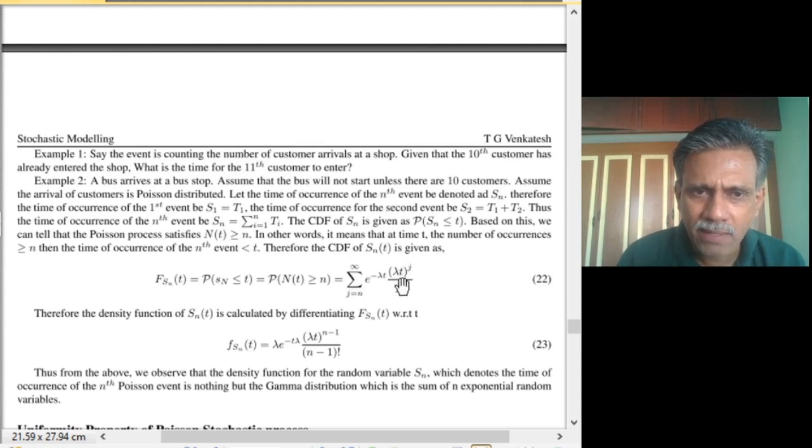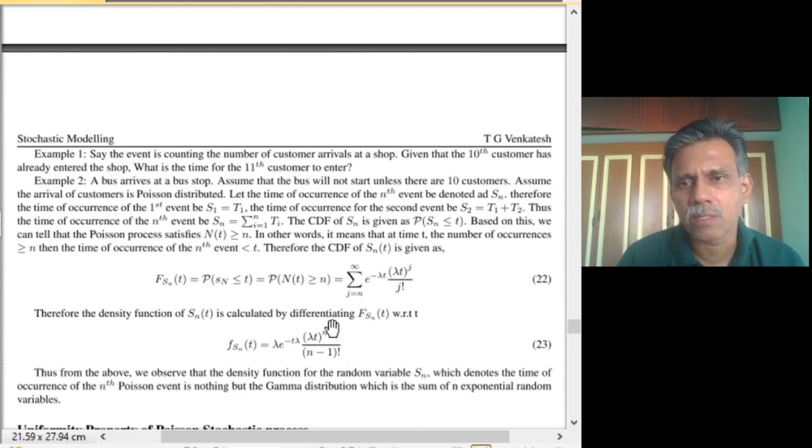If you subtract these summations, only the term n will survive and the others will get cancelled. So in place of j, you put n, and that gives you lambda e to the power of minus lambda t times (lambda t) to the power n minus 1 by n minus 1 factorial. You know that this is nothing but the gamma distribution.